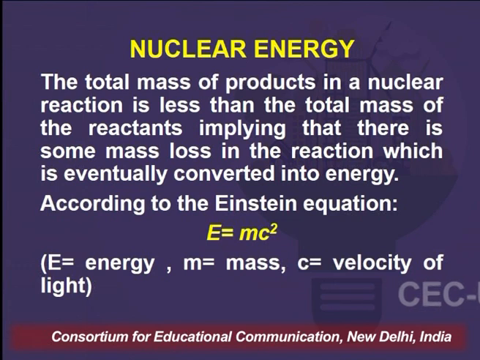According to Einstein's equation, E = mc², where E is the energy, m is the mass, and c is the velocity of light.